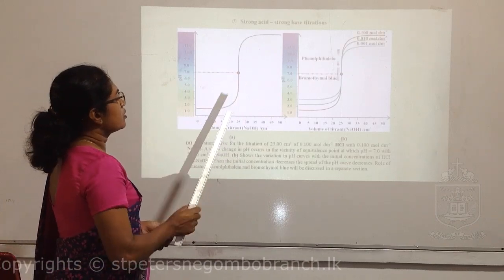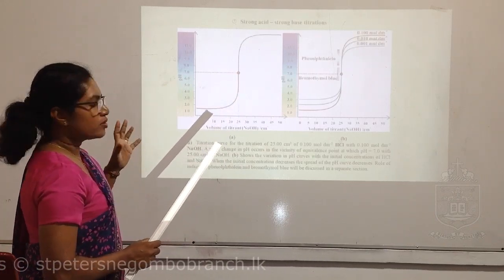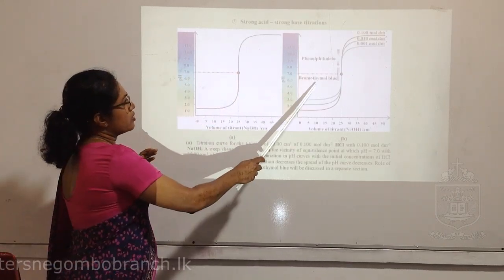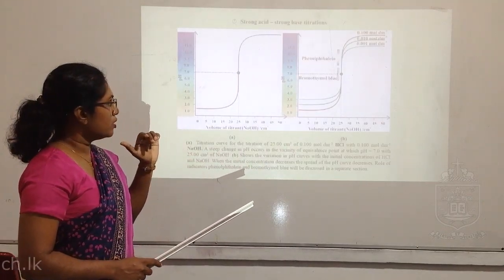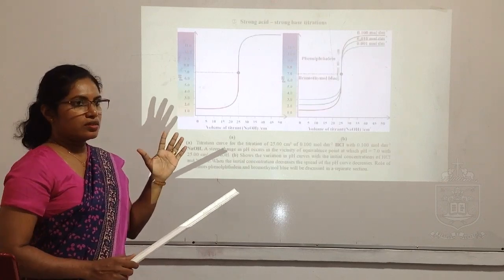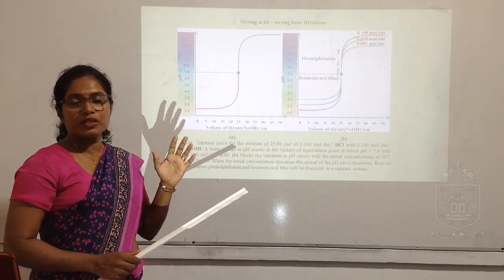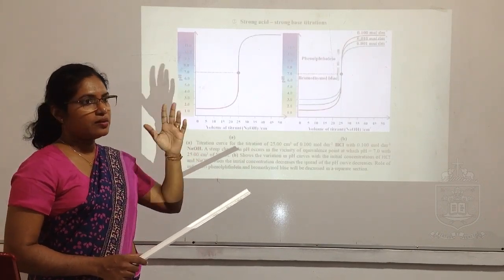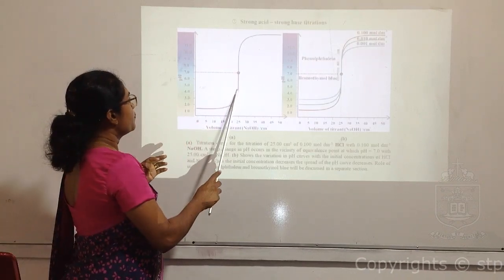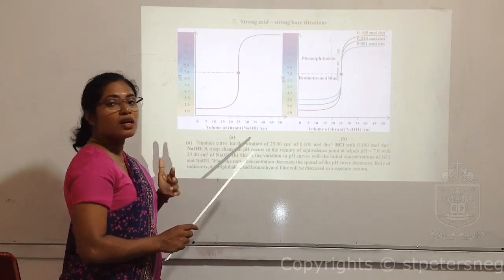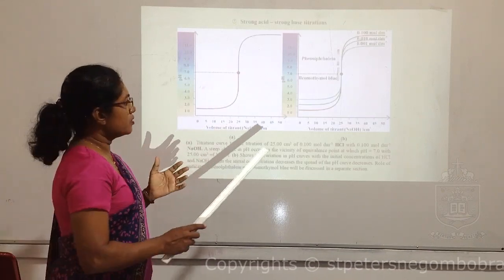Then in this graph, we are going to check, if we change the concentrations of acid and base, what happens to this pH curve? What are the differences?